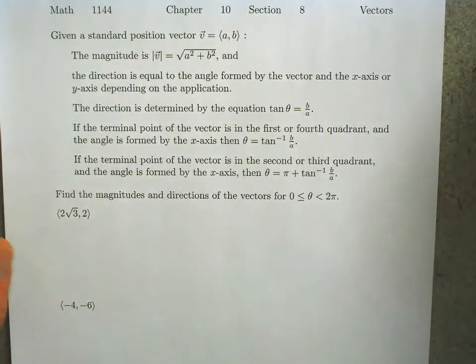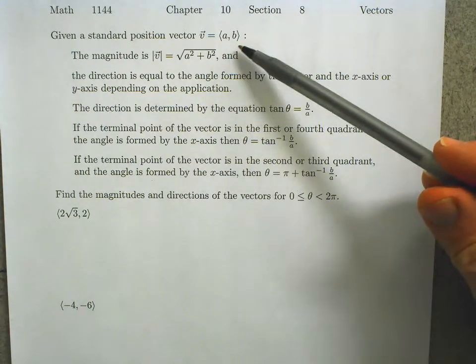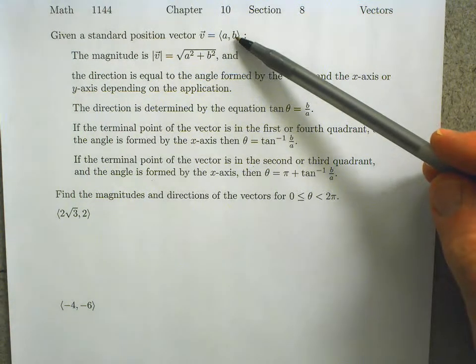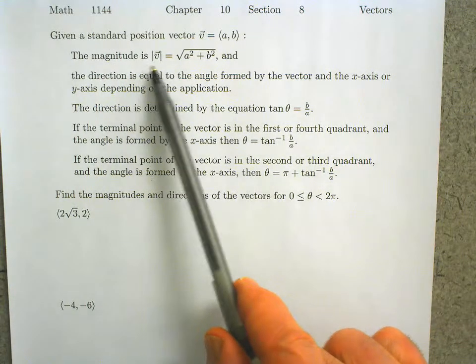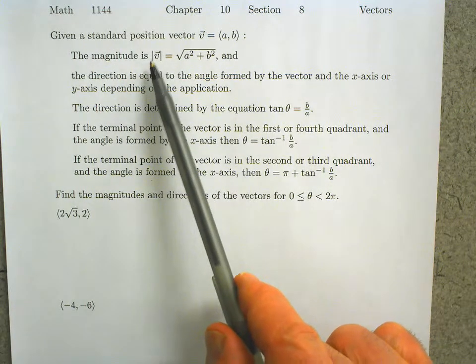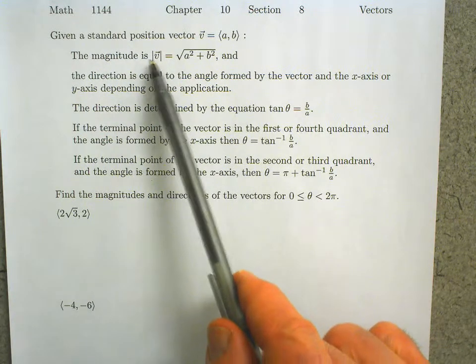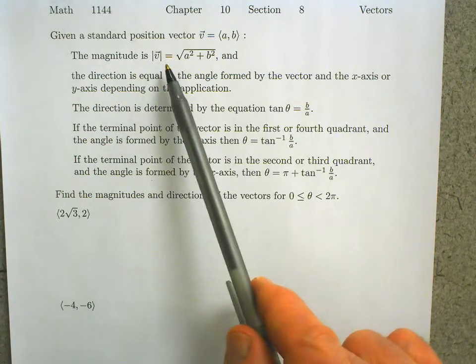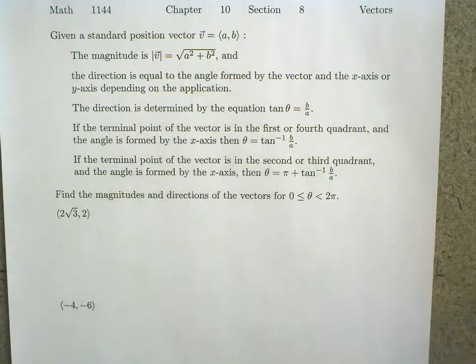Okay, given a standard position vector v = <a, b>, that means the initial point is (0, 0). We denote the magnitude, or the length, as the absolute value of vector v, and it's just the square root of a squared plus b squared.